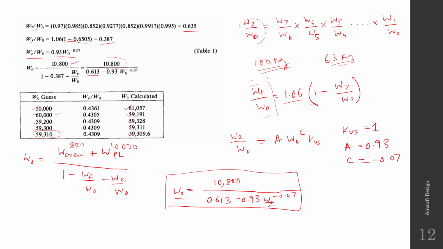Then we can calculate the fuel fraction using this formula, 1 minus W7 by W naught. And when you know the fuel fraction and the empty weight, you can calculate W naught using this formula. W naught is the gross weight.